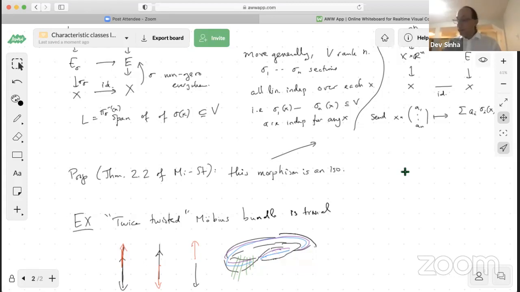So the idea is that here would be a perfectly good section that, even if I think of this as twice twisted, is still a non-zero section. And it realizes this as trivial. The key is that these are isomorphic vector bundles.